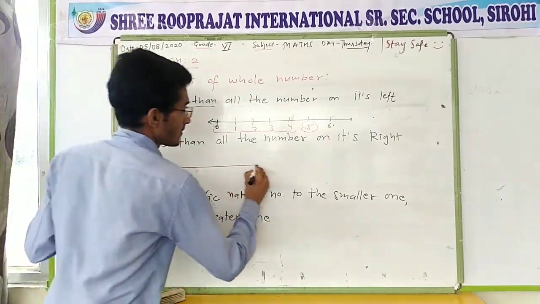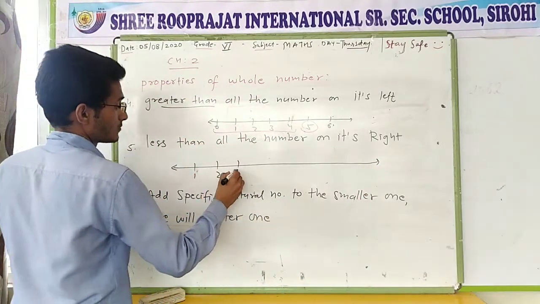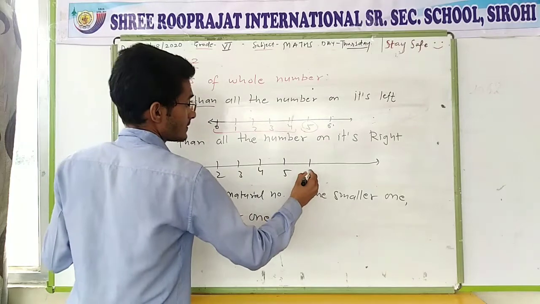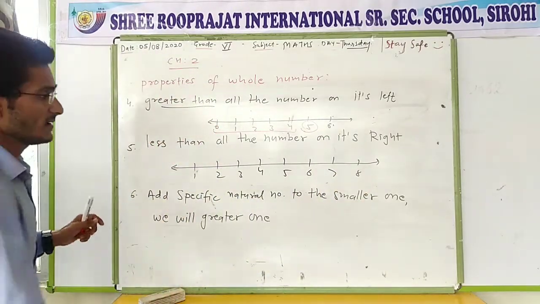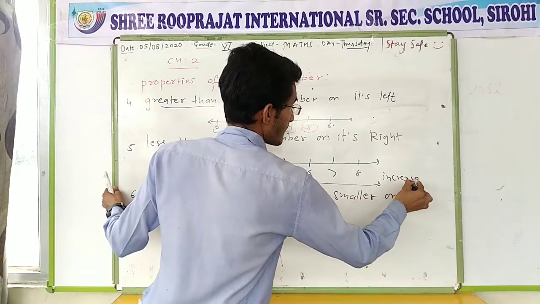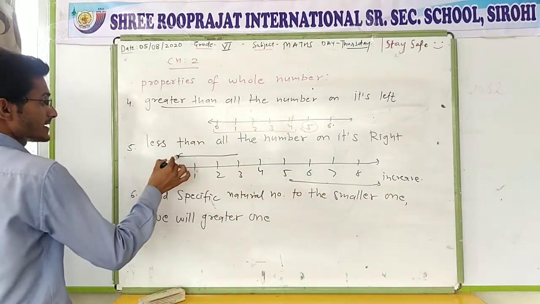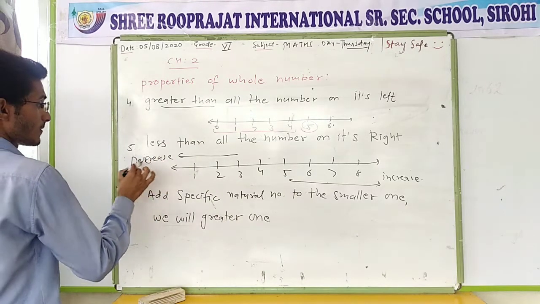Let's take one more: 1, 2, 3, 4, 5, 6, 7, 8. So whenever we move toward the right side, the numbers start to increase, and when we move to the left side, they decrease. Okay.